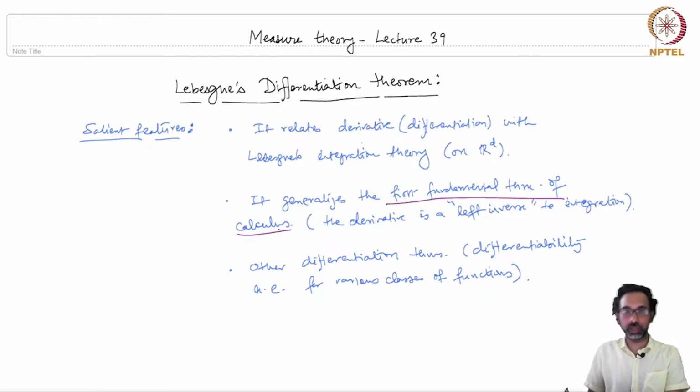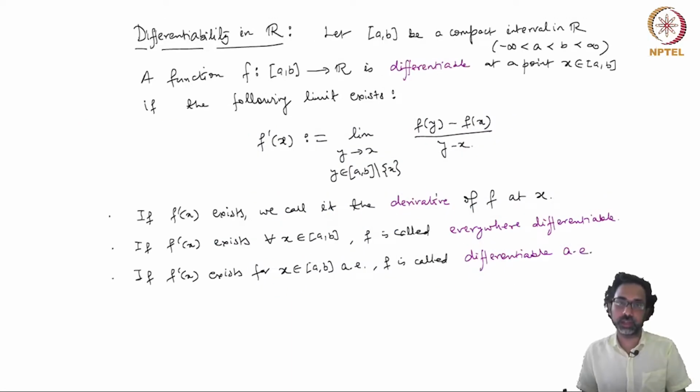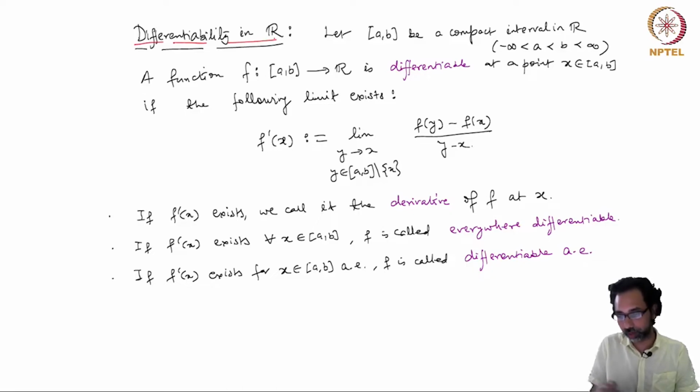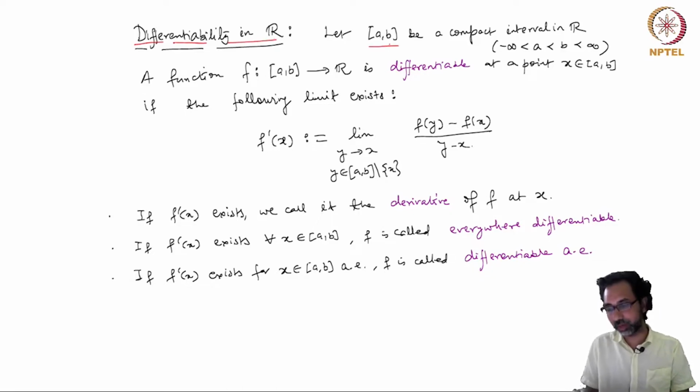So let me recall what is the notion of differentiability and what is the first fundamental theorem of calculus for differentiable functions. So let us look at the definition of differentiability of a real valued function defined on a compact interval in R. So this is differentiability in R. So we fix a compact interval [a, b].